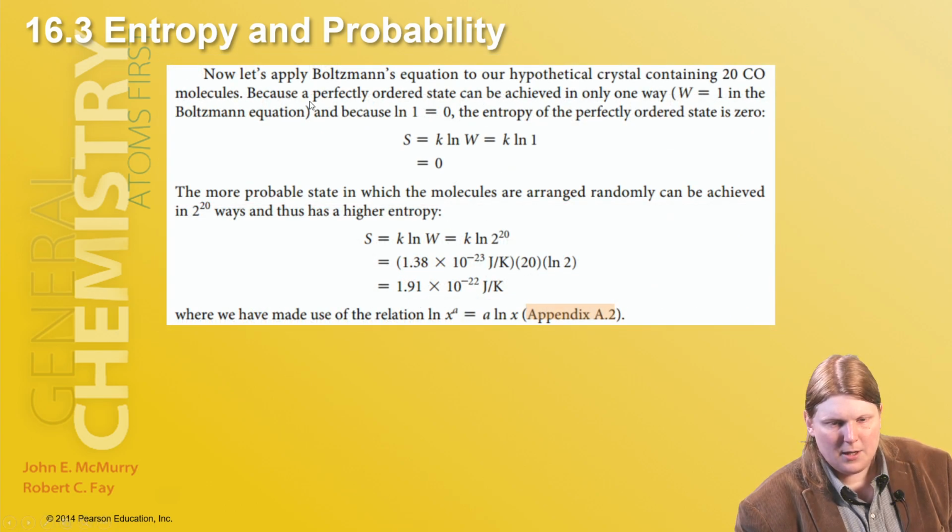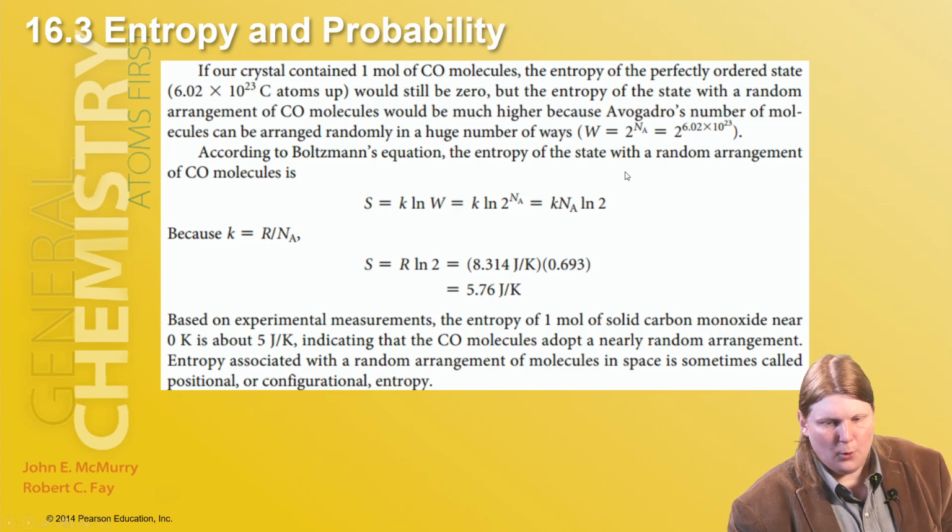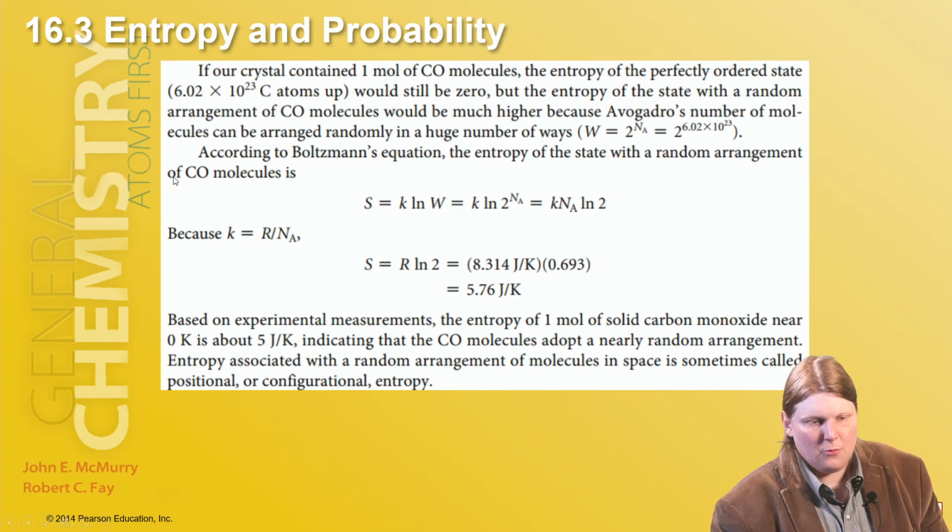So they say here that if there's only one possible state, one way we could get to this, then the entropy would be 0. So that's interesting. More probable states would have other values of entropy. That's also important to think about. According to Boltzmann's equation, the entropy of a state with a random arrangement of CO molecules is this value.